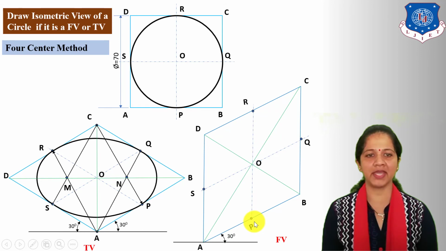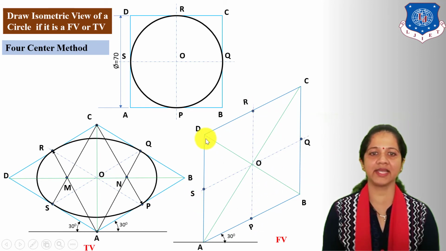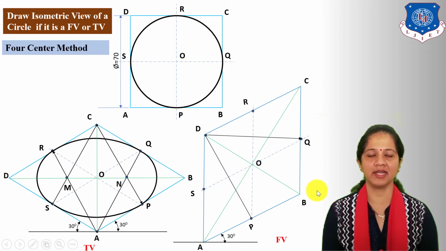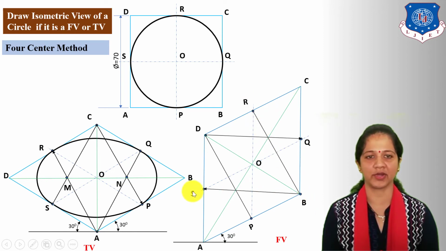Mark here points P, Q, R and S. Next, take center at point D and connect DQ and DP. Similarly, take center at point B and connect BR and BS.